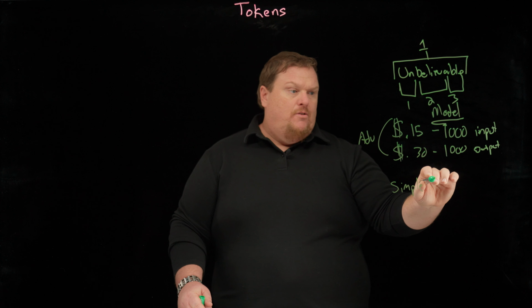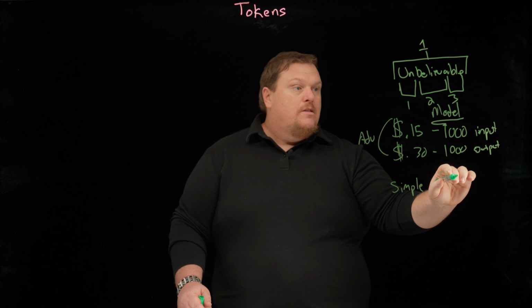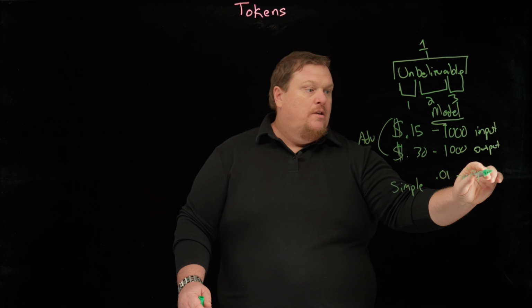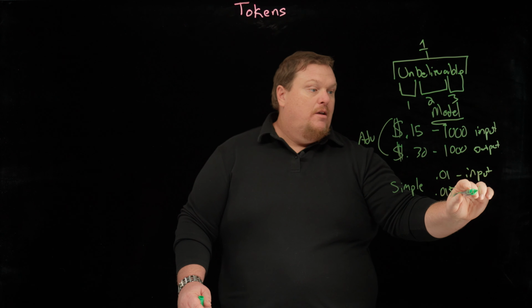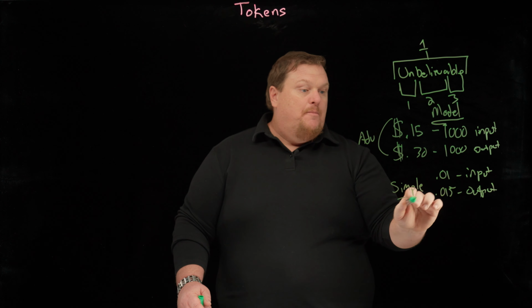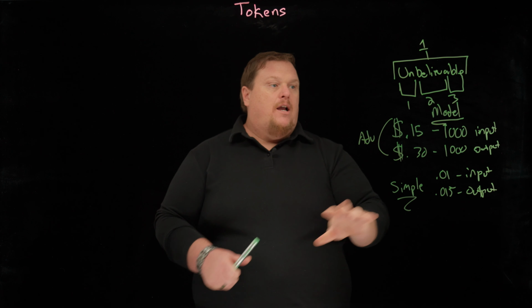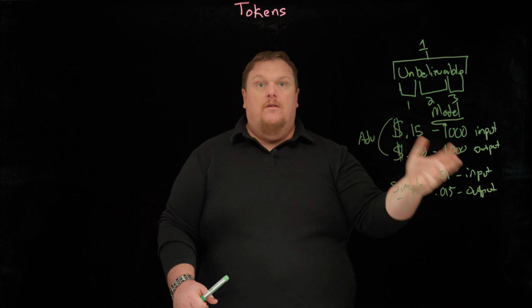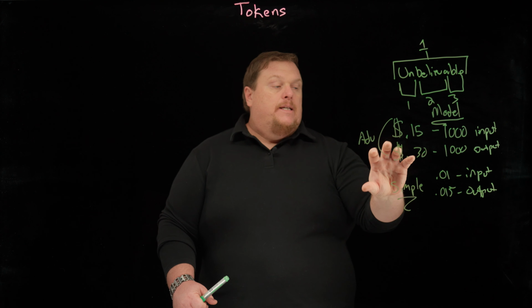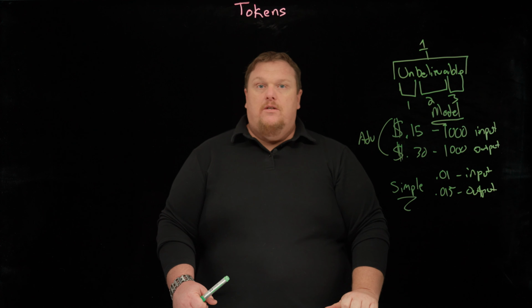You could be saying, oh, okay, this is 1 cent per input, and maybe 1.5 cents for output. Again, made up numbers, but a simple sort of grammar check AI is just going to process less. It's not as smart, not as complex of a model. So it's just going to cost less to use.